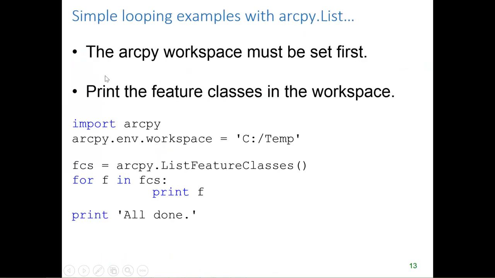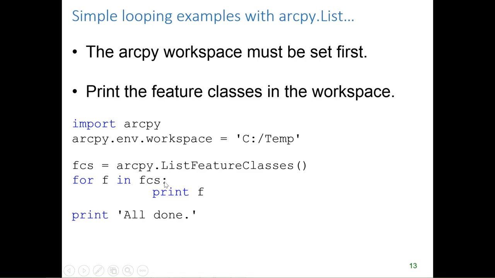Let's look at a simple looping example that uses an ArcPy list enumeration method. Suppose we want to list all the feature classes in ctemp and just print them out. What we would need to do is set the workspace first, and then use the ListFeatureClasses function, call that with empty parentheses, and then we can loop right through there. for f in fcs, because this is a Python list.